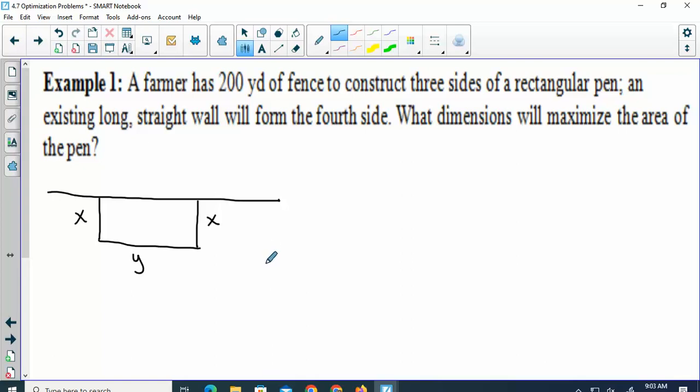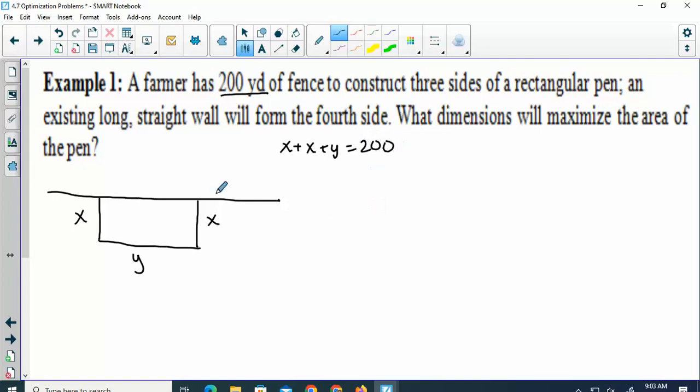What information do we know? That 200 yards is what? Yeah, it's our perimeter. If you add those up, it has to equal 200. So it's like saying x plus y equals 200.